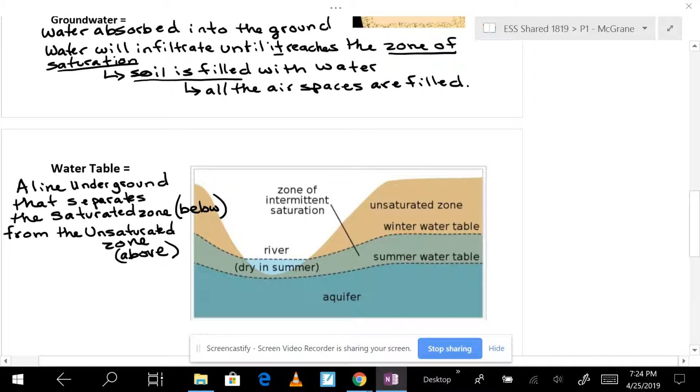All right, so the height of the water table can change in the seasons. It's not static, it's not stable.